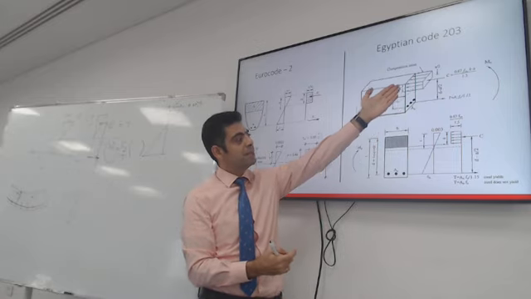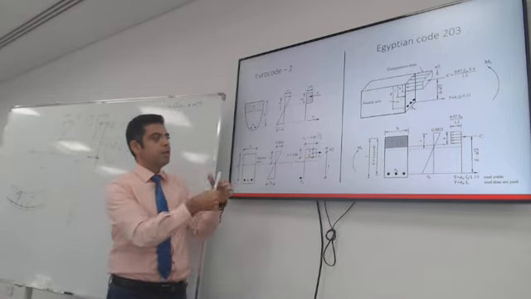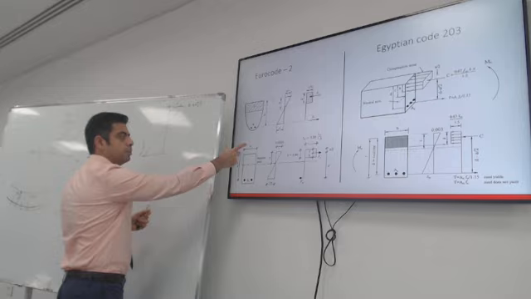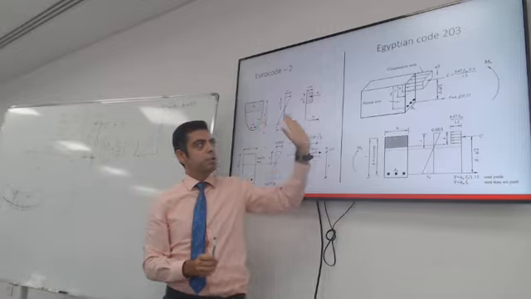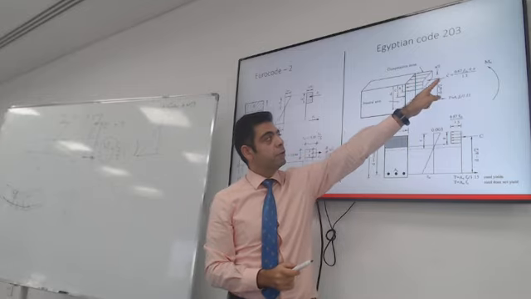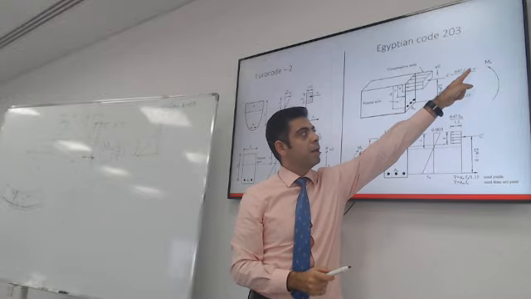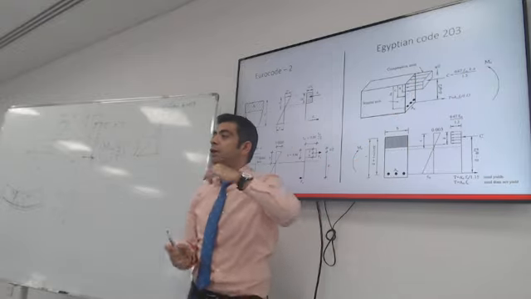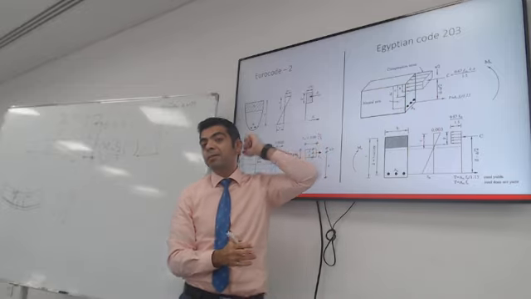Do you see why this block needs to be multiplied by the width B? Because this stress is uniform across the beam. So when we try to calculate the compression force C, you will realize that we need to multiply by the width B to get the area of that block.